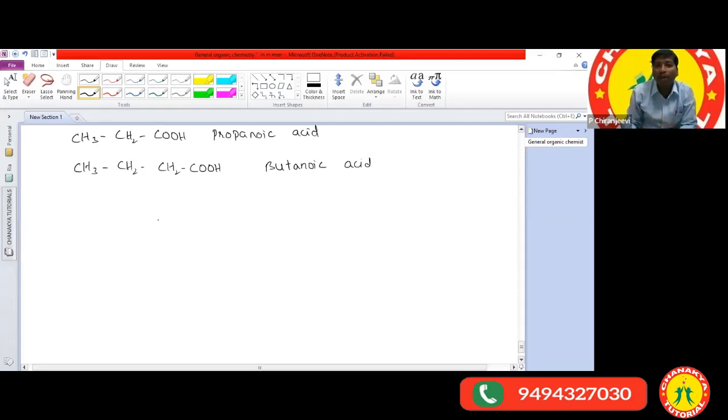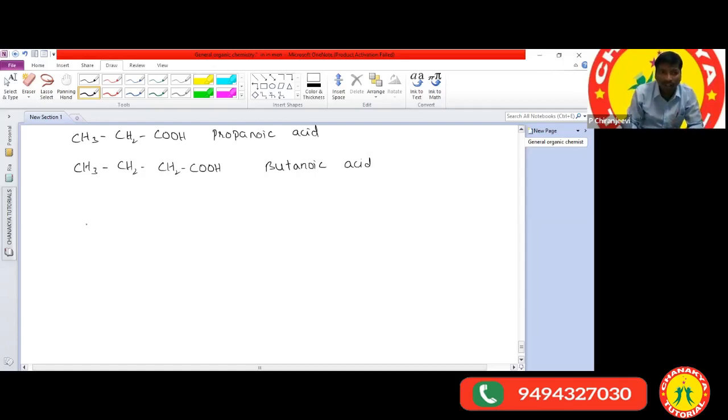If the compound has more than one functional group, one becomes the major functional group and the other becomes a substituent. Based on that we will see some examples.